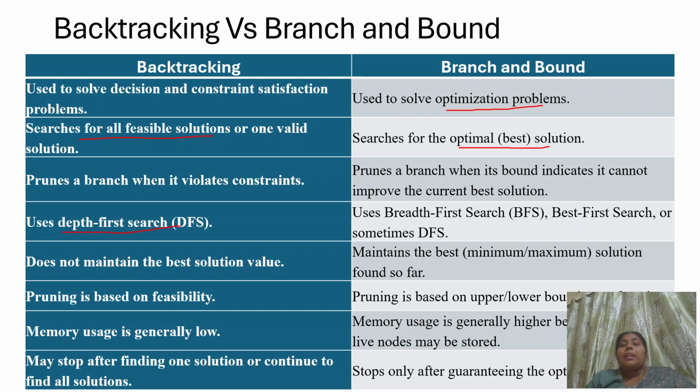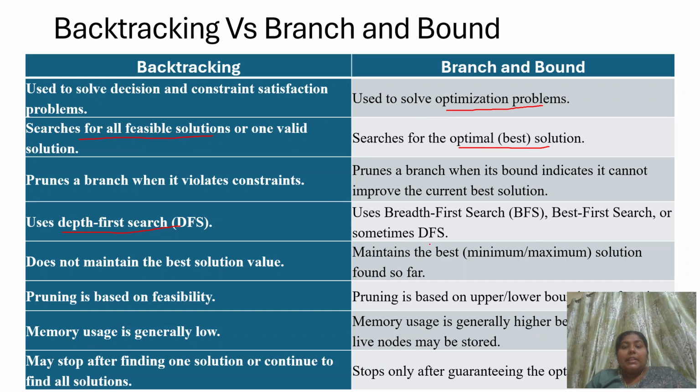But in branch and bound we use breadth first search, or sometimes DFS also. Backtracking does not maintain a best solution value, but in branch and bound we maintain a best solution, for the minimization problem or the maximization problem.